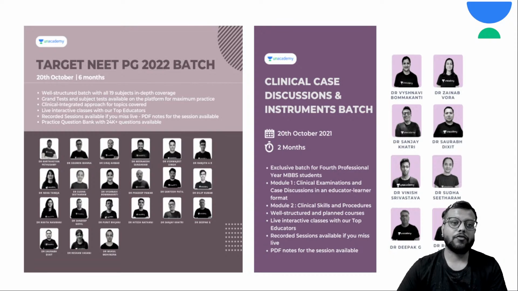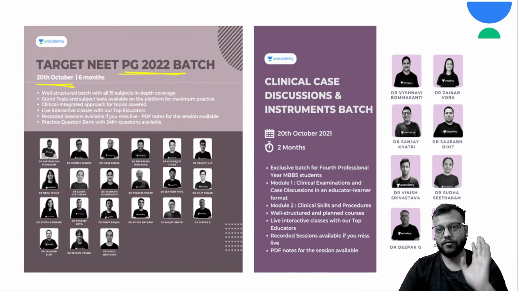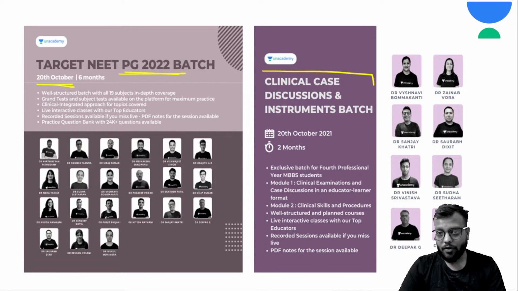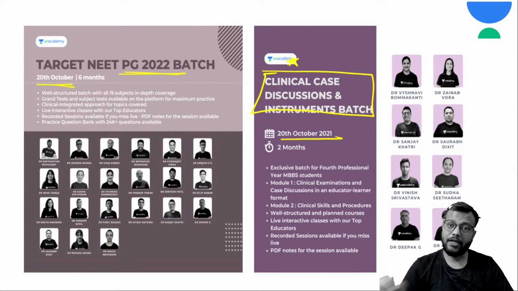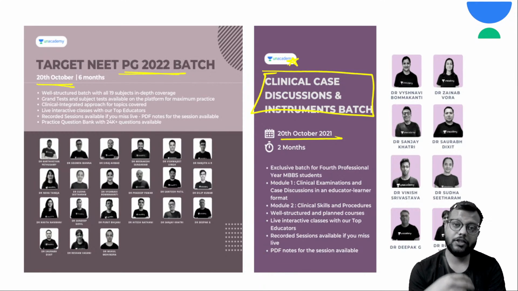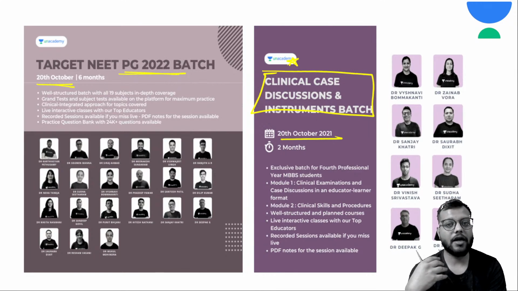And focusing on the NEET PG 2022, we have started a batch from 20th October for them, a very important clinical case discussion and instruments batch. It is very important because the things that you read theoretically are sometimes very difficult to understand and conceptualize, and it may also get boring.